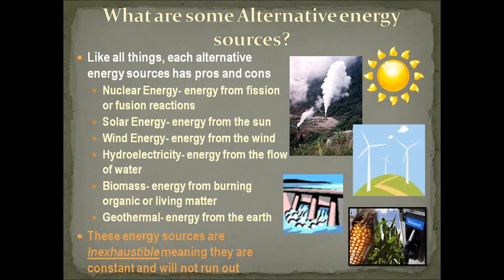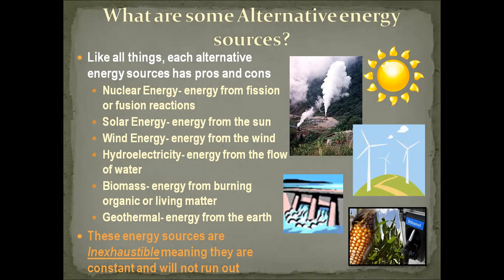Like all things, each alternative energy source has some pros and cons. So whenever we are thinking of any action, we must consider the pros and cons of that action. Nuclear energy, energy from fission or fusion reactions. Solar energy, energy from the sun.